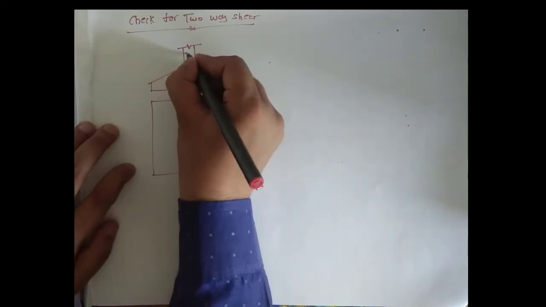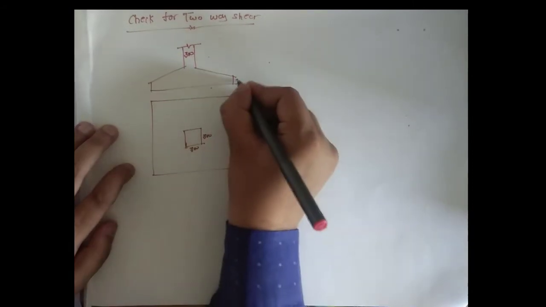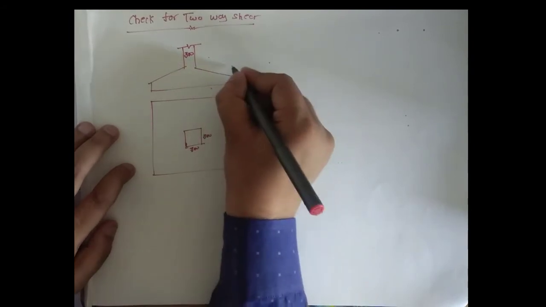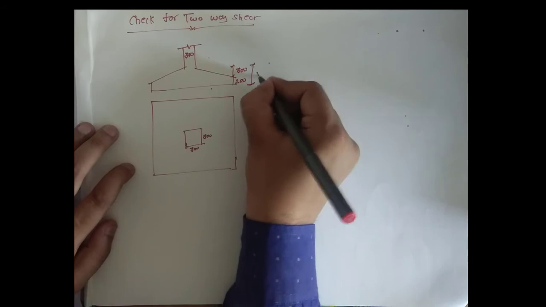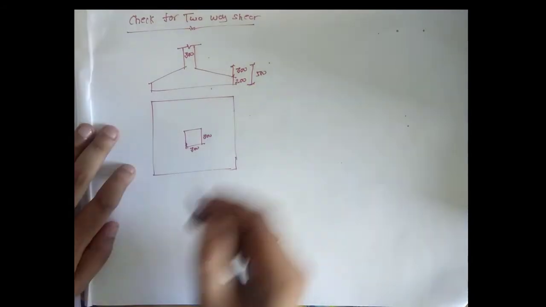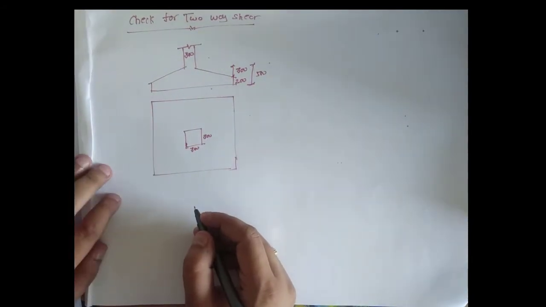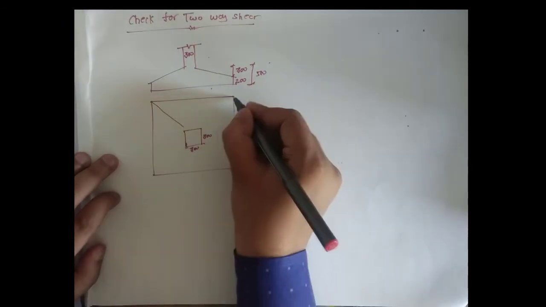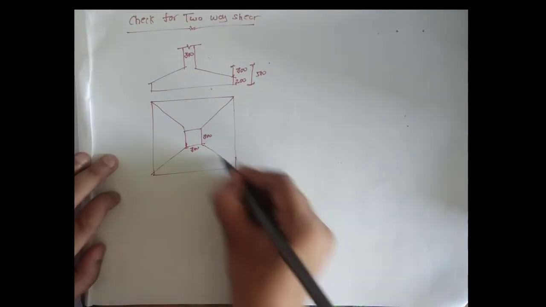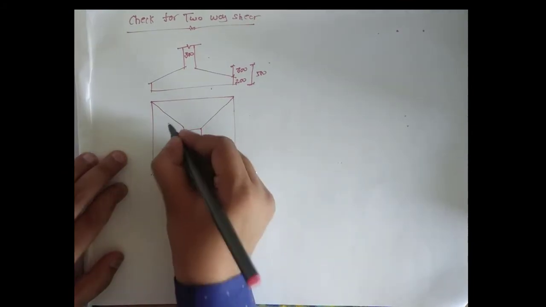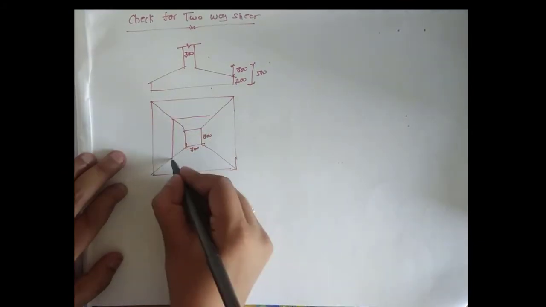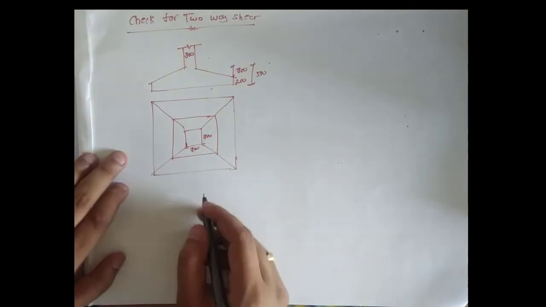So you have this 300, you have this 200 and this 300, total will be 500. As the footing is sloping, isolated, it is distributing across.